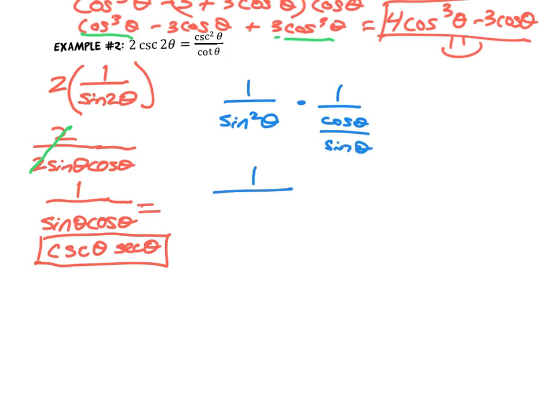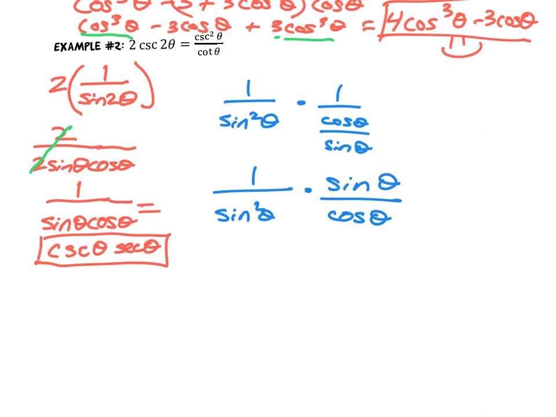Clearly, this fraction over here is written kind of silly, so we just have to go ahead and simplify that to sine theta over cosine theta.